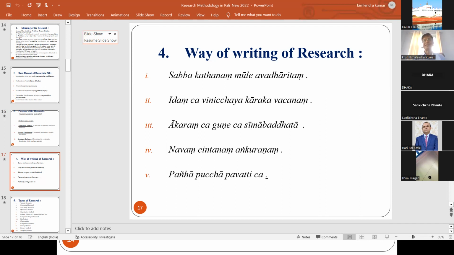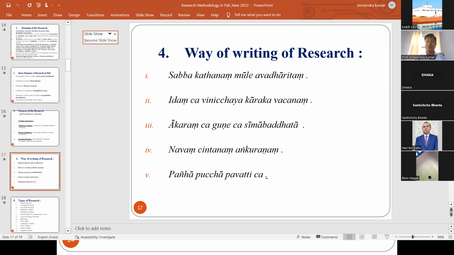Here, Mool means the original sources. From the text which you are taking, the references must be given there. So Sabkathanam means all the statements must be based on the references and the citations also.